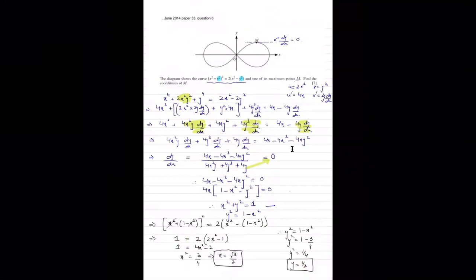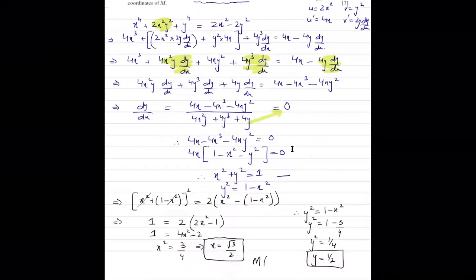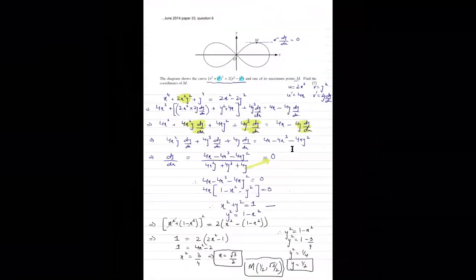So M coordinates are 1 upon 2 comma root 3 upon 2. Isn't it going to be root 3 upon 2 comma 1 upon 2? Oh yeah, my bad, I'm sorry. It's going to be root 3 upon 2 comma 1 upon 2. All right, yes, please note it down.